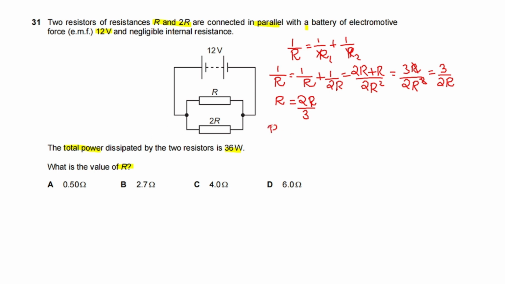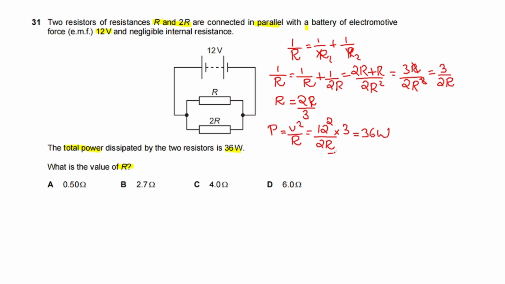The power in terms of voltage and resistance is V squared divided by R, right? The V value is already given, 12 volts. So 12 squared divided by the resistance 2R divided by 3, so it will be multiplied by 3, and this is equal to 36 watts.